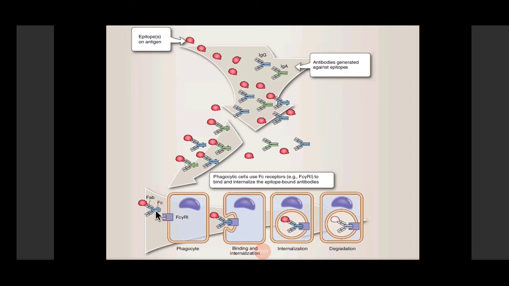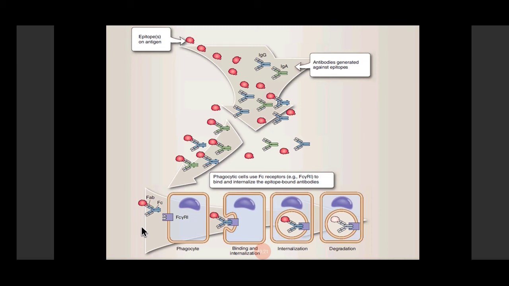Only when this conformational change happens is it able to bind to the receptor normally present on the phagocyte. The antibody bound to the antigen is then internalized by phagocytosis and the pathogen is killed. This is referred to as opsonization.